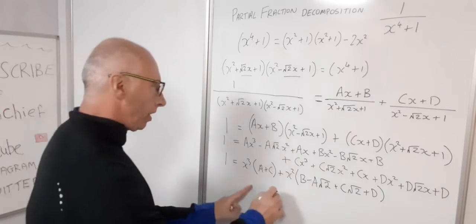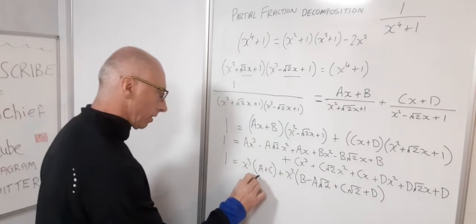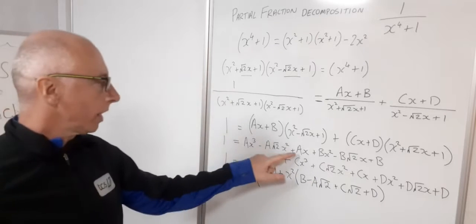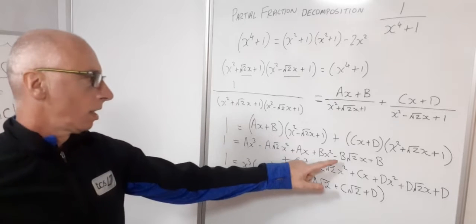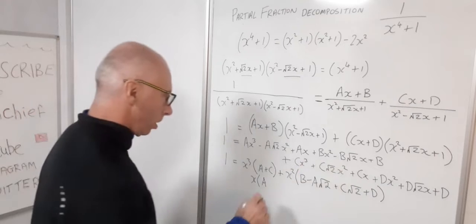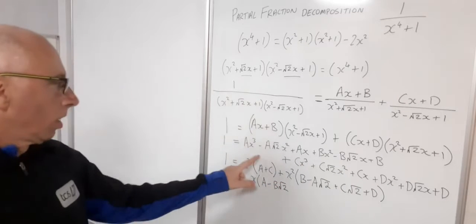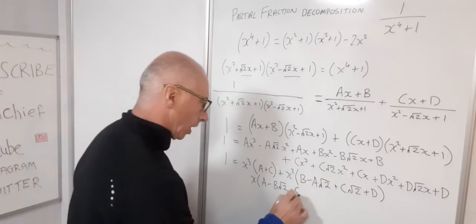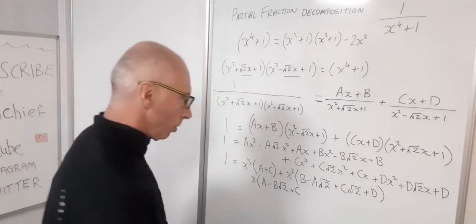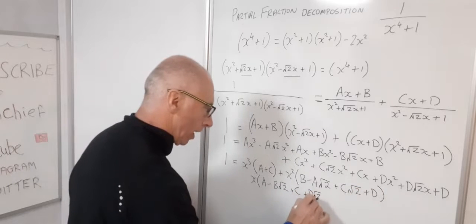So now carrying on down for my x term. So let's get all the x's together. I've got positive a minus b root 2 plus c and plus d root 2. Sorry, plus d root 2. That nearly all went wrong there.